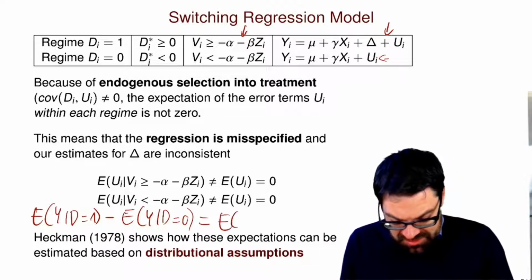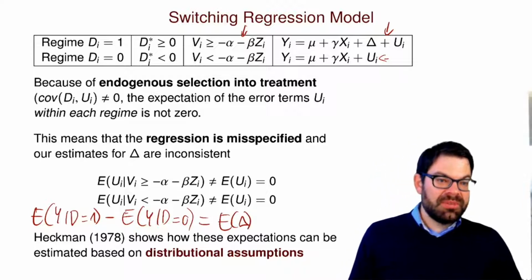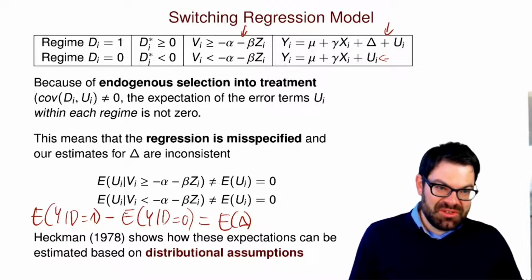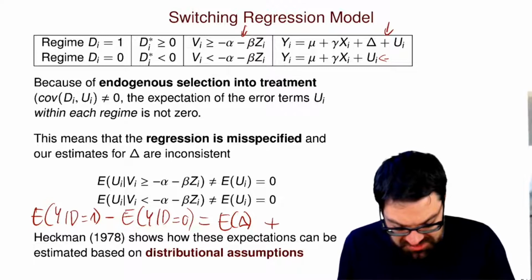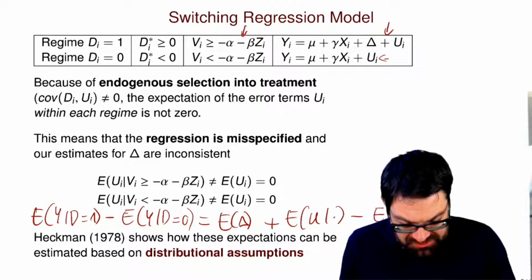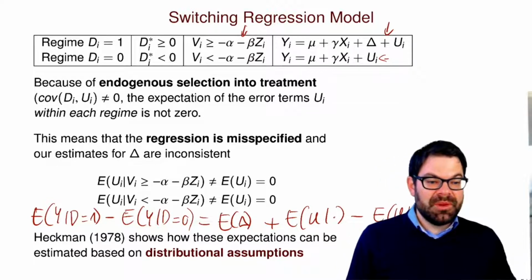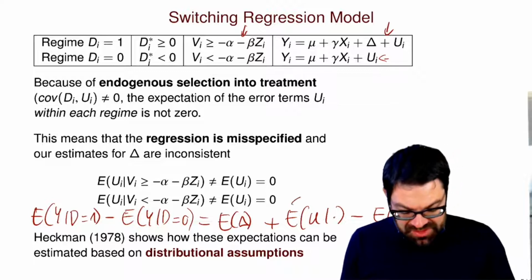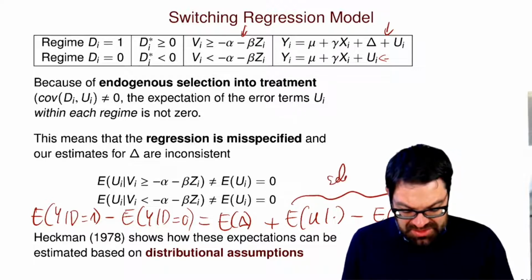We have the expectation of delta, which is nothing more than delta because it's constant, plus the expectation of U, and I'm just going to put a dot here because you will see in a second what is behind that dot. Right? And so that again is the selection bias.